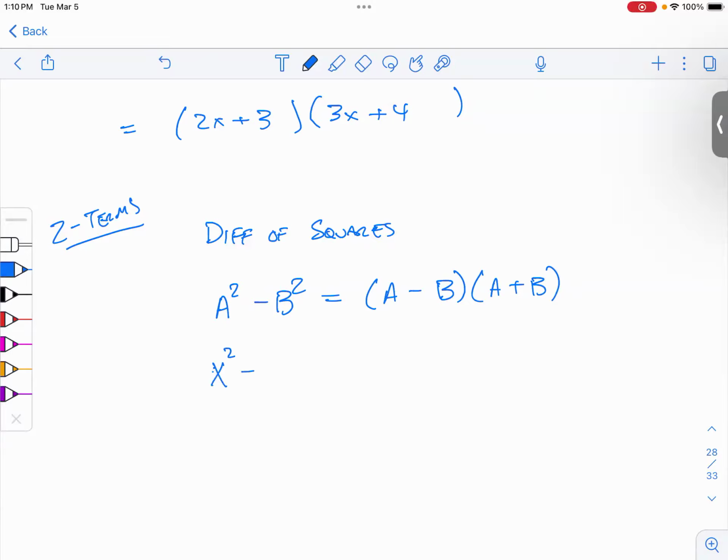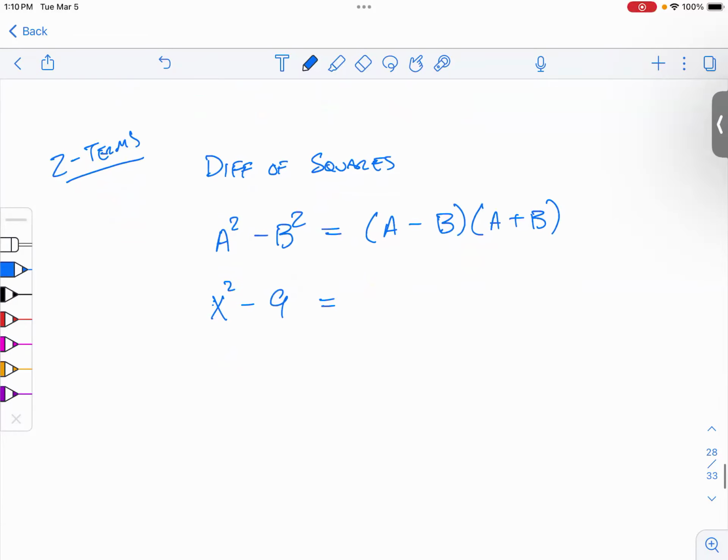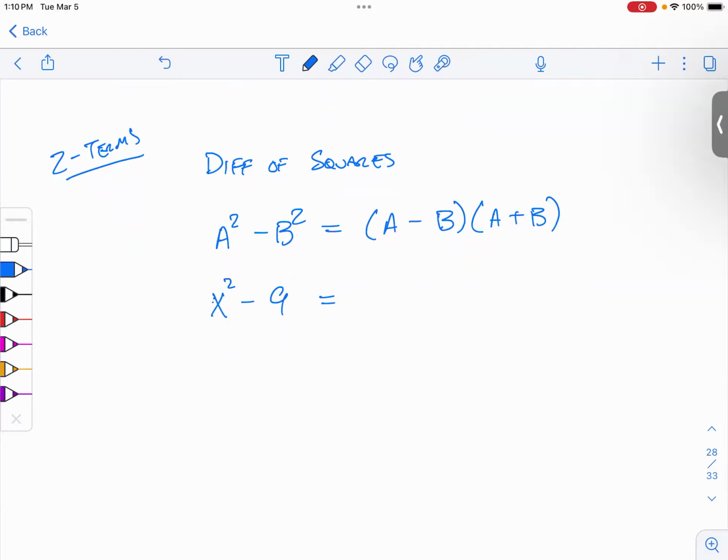Because if I have x squared minus 9, that becomes what times what? Go ahead, Jada. X minus 3 and x plus 3.